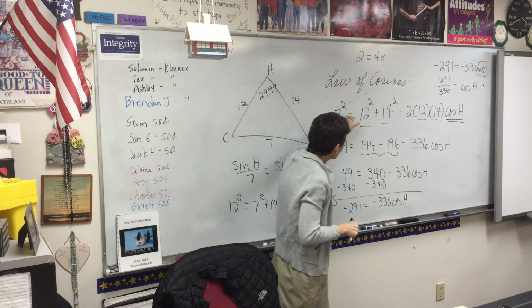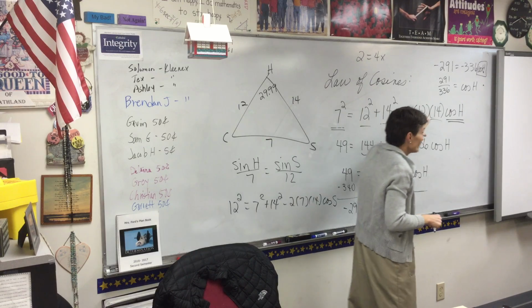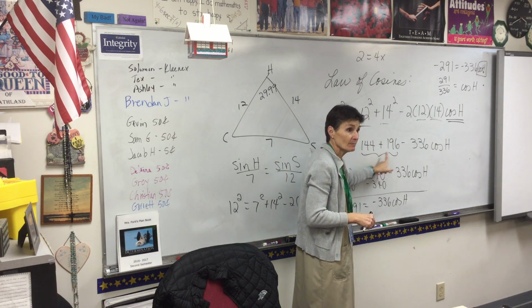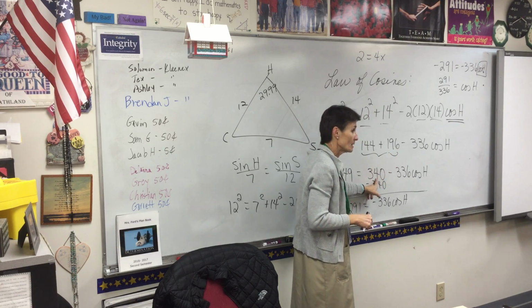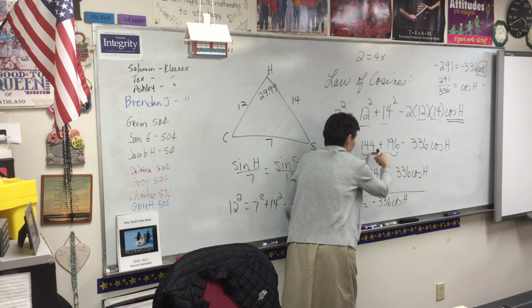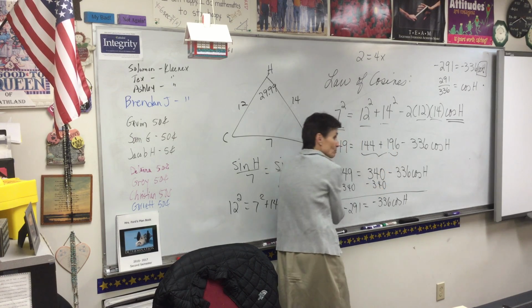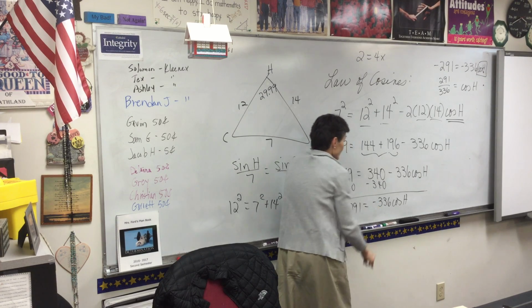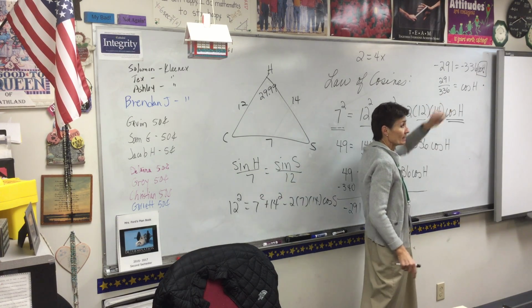We simplified each of these numbers, right? These two we added. They can be added. But then we had to take that answer we got when we added those and subtract it over to the other side. Once we did that, then we could divide by the negative 336.